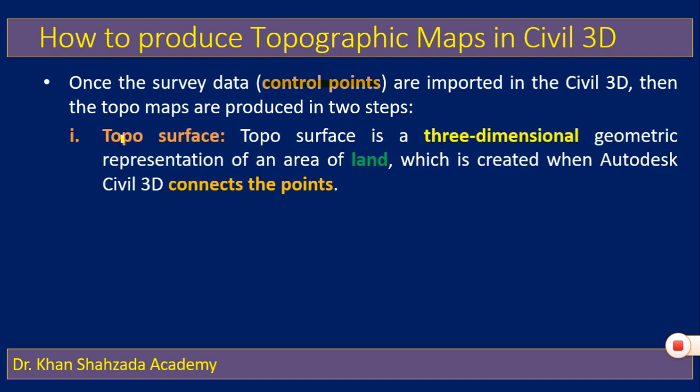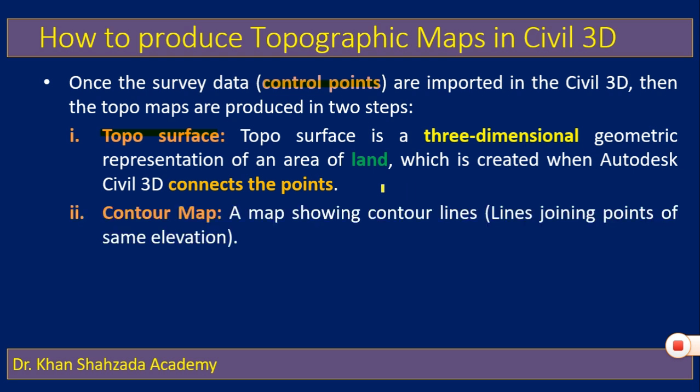The first step is to create a surface, that you can simply call a topo surface. So a topo surface is a three-dimensional geometric representation of an area of land, which is created when Autodesk Civil 3D connects the points.